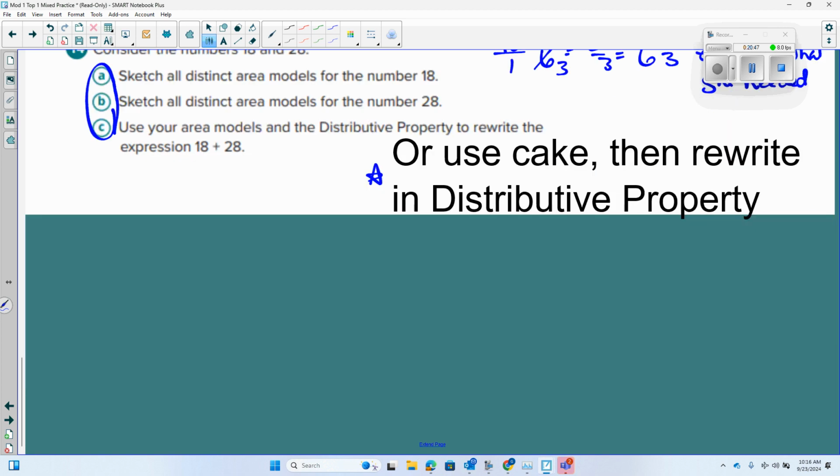Okay, so for our last one, you can either do all of this or we just use the take and rewrite. So I'm going to do that. 18 and 28. Now you divide both of those by 2, which gives me a 9 and a 14. Can't go any further than that. So it didn't ask for GCF and LCM. I can't remember if the test does or not.